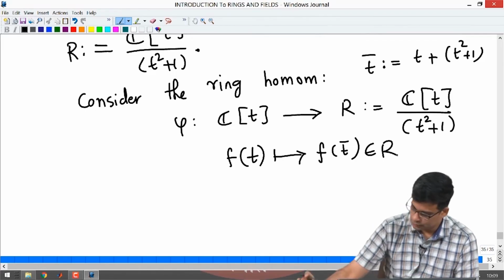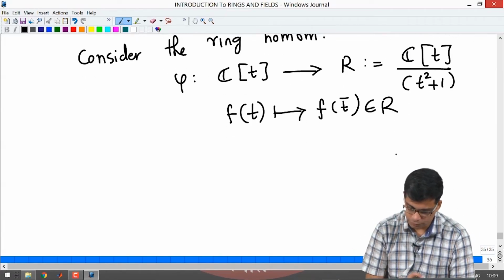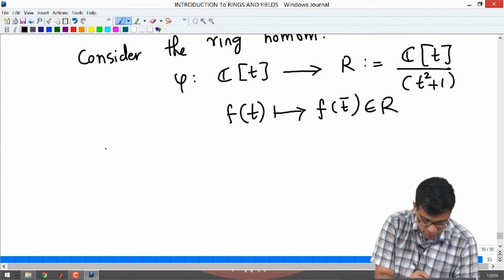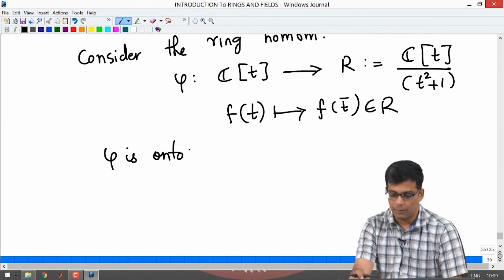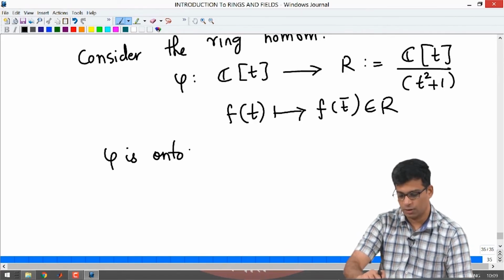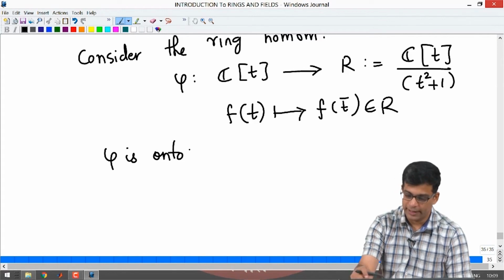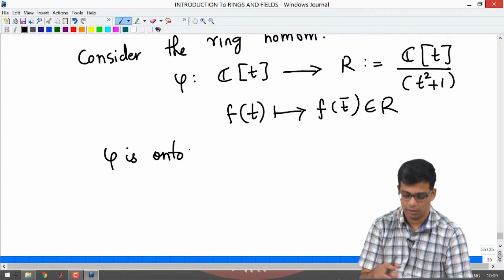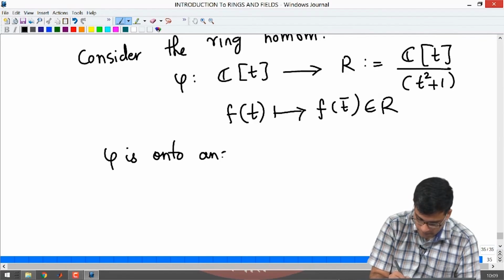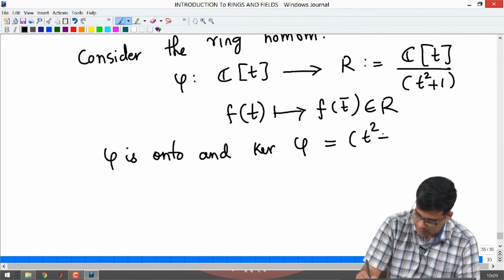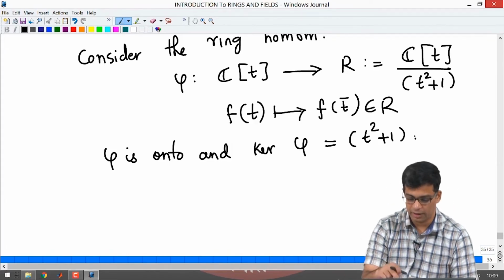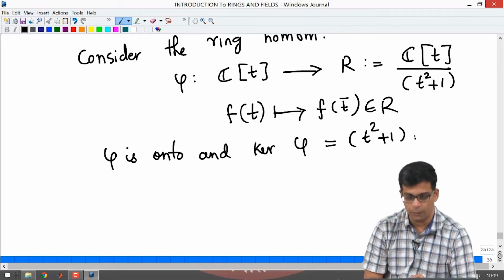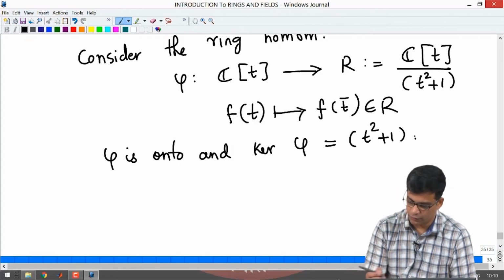By definition, okay, so this is an exercise, phi is onto, this is clear because t bar is in the image, because t goes to t bar, anything here is a polynomial in t bar. So, it is in the image, and the kernel of phi is precisely (t squared plus 1). See, this is exactly how we make R isomorphic to C[t] mod t squared plus 1. So, this I will leave for you to check.